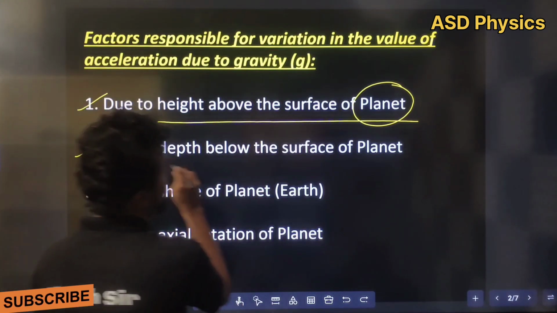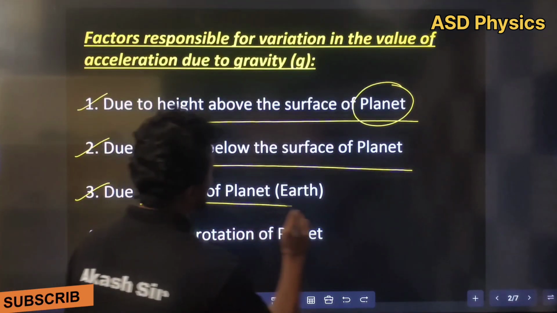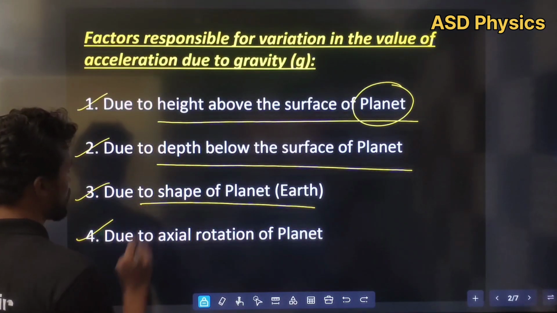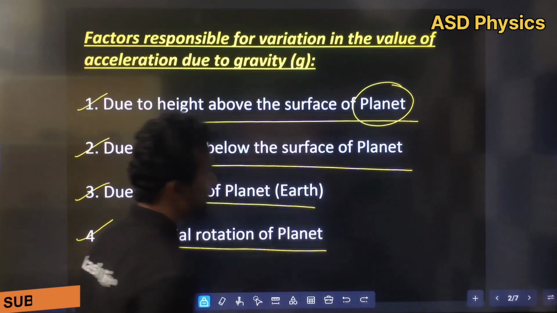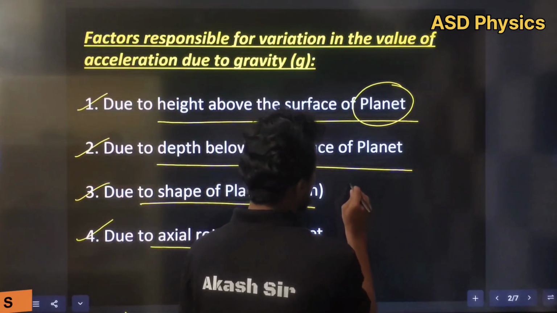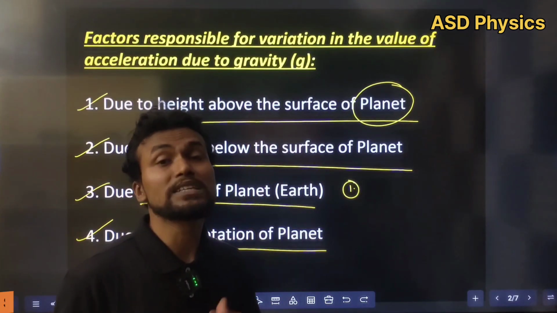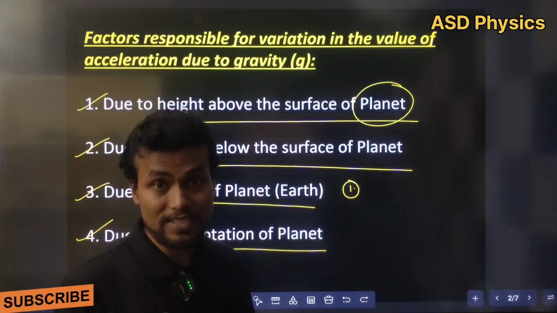Due to depth below the surface of the planet. Third one we are going to see is due to the shape of planet, and fourth one I am going to see is due to axial rotation of the planet. Okay, and I hope in our previous videos you have learned very well the gravity value, that means acceleration due to gravity value on the surface of the planet.